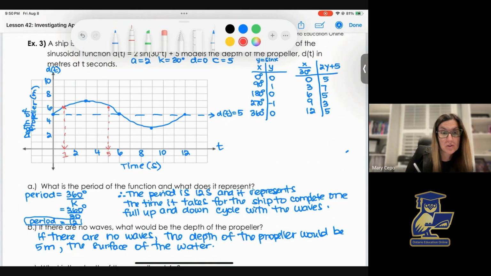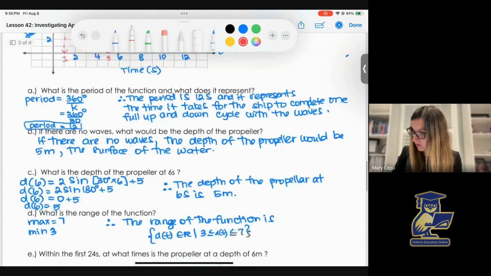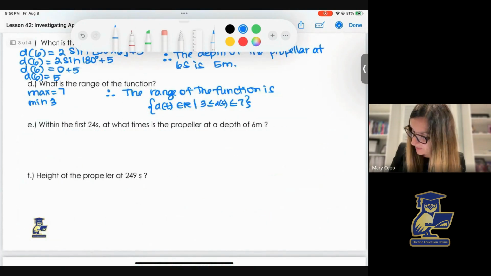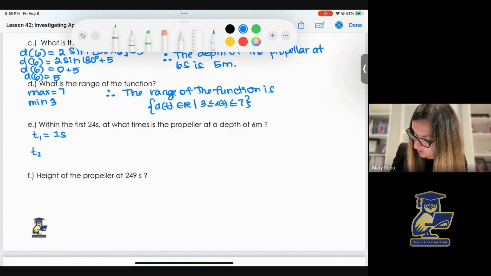If we start at t equals 1 and add 12, that would be the second point when the propeller is at a depth of 6 meters. Likewise, with 5, we would add 12, and that would be the other point where the propeller is at 6 meters. So t1 is equal to 1 second, and t2 is 5 seconds.